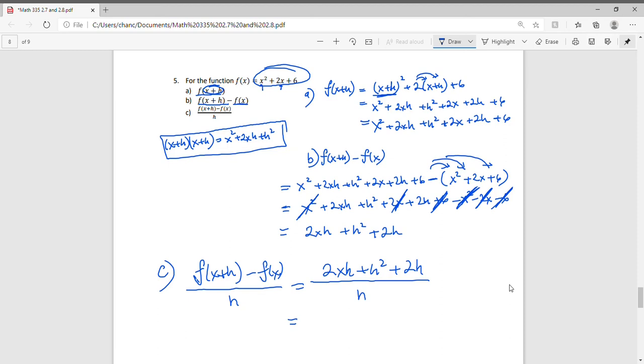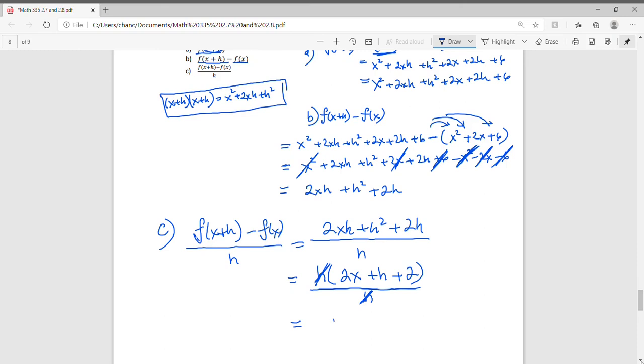Notice that we have a common factor on the top. I could factor out the h. That's h times (2x plus h plus 2), divided by h. And the h now divides out. This simplifies to 2x plus h plus 2. And that completes part C.